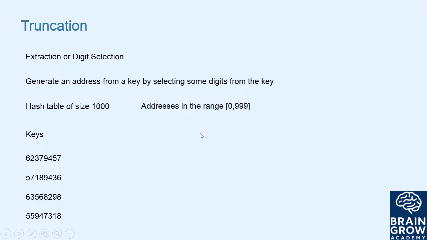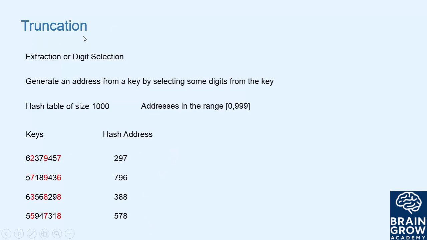We can form our addresses by selecting any 3 digits from the key, and that way we can get addresses in this range. If we decide to take the 3 rightmost digits as the addresses, then the addresses will be this. So now this key is stored at index 457, this one is stored at 436, and so on. If we decide to form the addresses by taking the 2nd, 5th and 8th digits, then the addresses will be this.